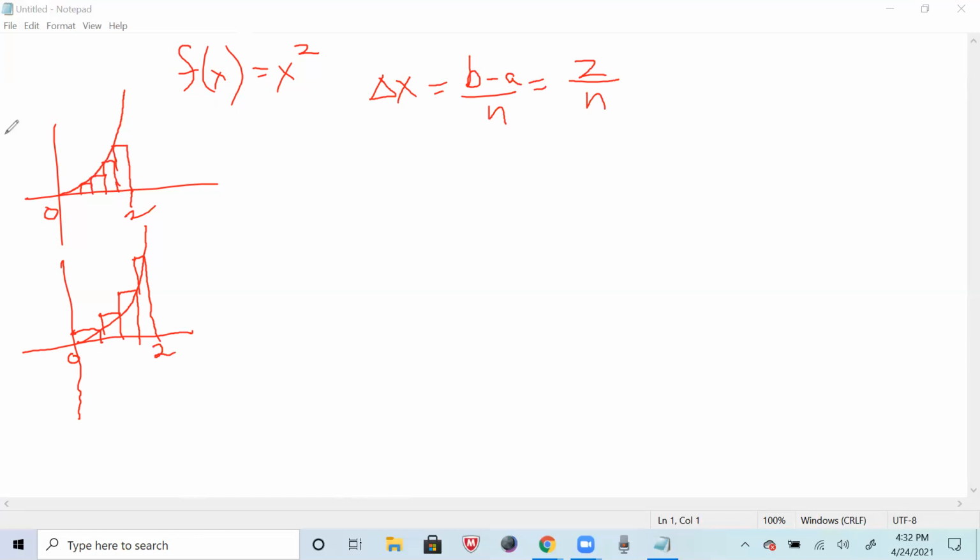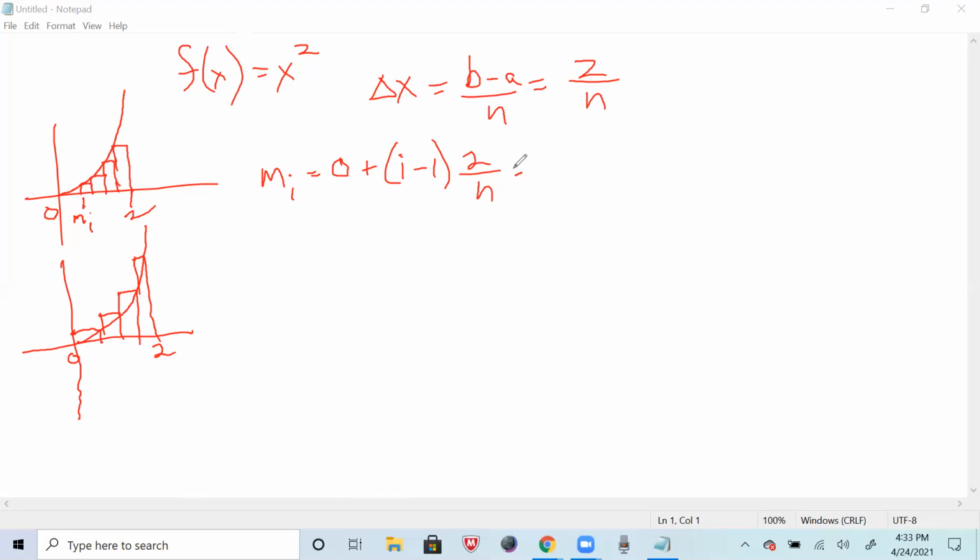Now, if I want to know what m sub I is for the left endpoints, I would write it like this: m sub I equals 0 plus I minus 1, times 2 over n. This is probably the hardest thing about this to understand, and I'm not sure I even need to take the time to explain it.